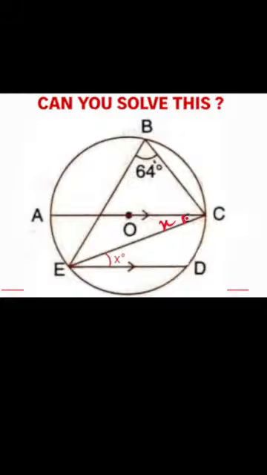If it is at the circumference, the angle subtended at the center is going to be double, that is 2x, which means this arc is 2x. Similarly, this is 64, then this entire arc is going to be 128, because the angle subtended by the arc at the center is double the angle subtended by the same arc at the circumference.